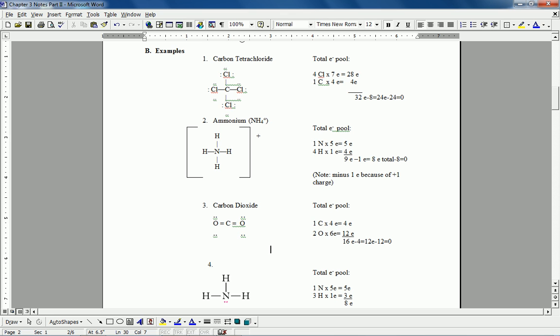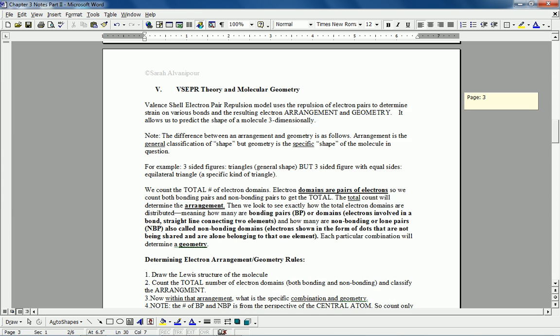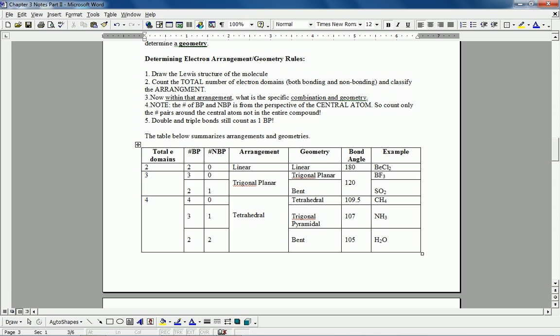So again, even though you see 4 bonds here, they count as 2 domains because they're multiple bonds. It's a double bond, singular, not double bonds, plural. So it's 2 bonds that happen just to be double in nature. So 2 bonding domains, I don't see any dots, so 0 non-bonding domains. So that's a 2-0 combo, a total of 2, and the only combination there is 2-0, so it would be linear for arrangement and geometry, with a 180-degree bond angle.